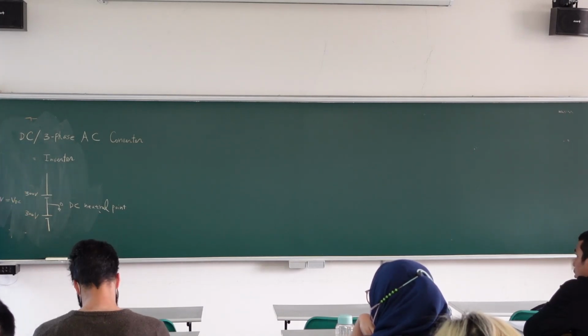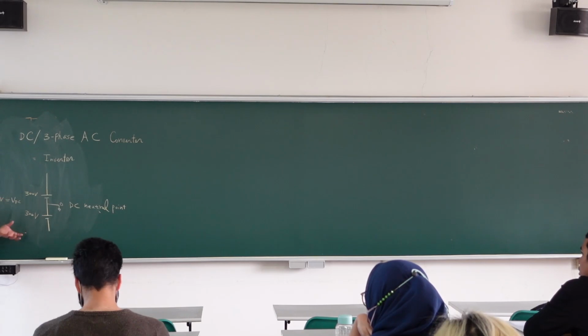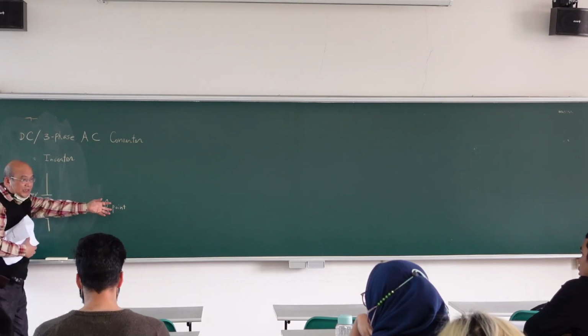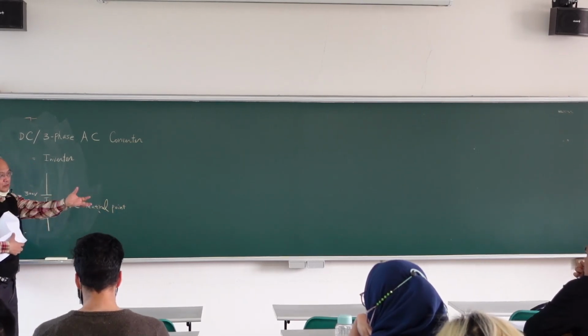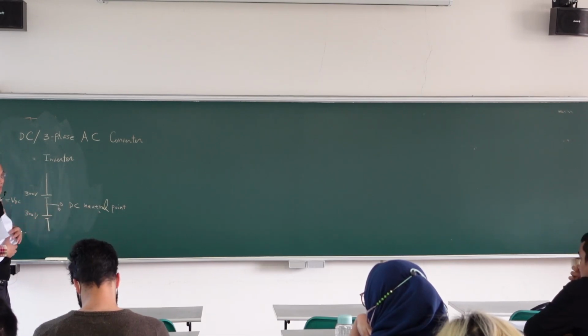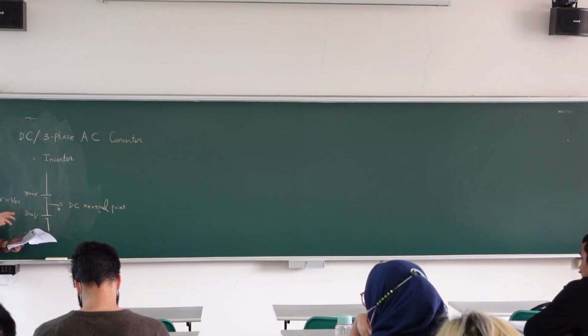Otherwise, your brain will be stuck. So you have to think the DC is separated into two parts. Half of them are positive, half of them are negative. Then you can create AC. If all of them are positive, how can you create AC? So we have to use our own brain to think half positive, half negative.